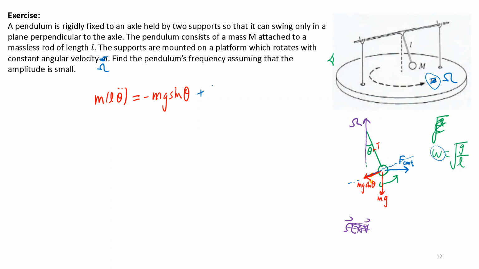That would be F centrifugal cosine theta. So this is the additional term that will eventually change the oscillation frequency of the pendulum.